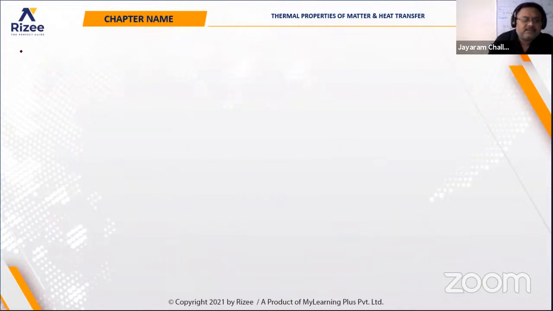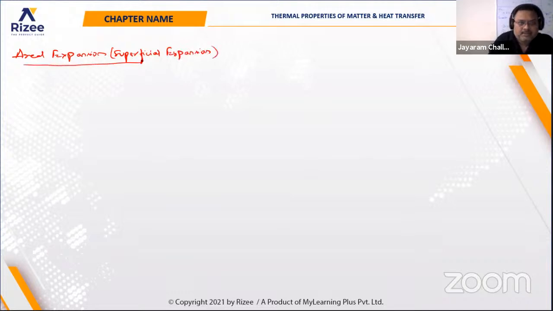The second type of expansion is called areal expansion, also called superficial expansion. The coefficient of superficial expansion is represented by beta.